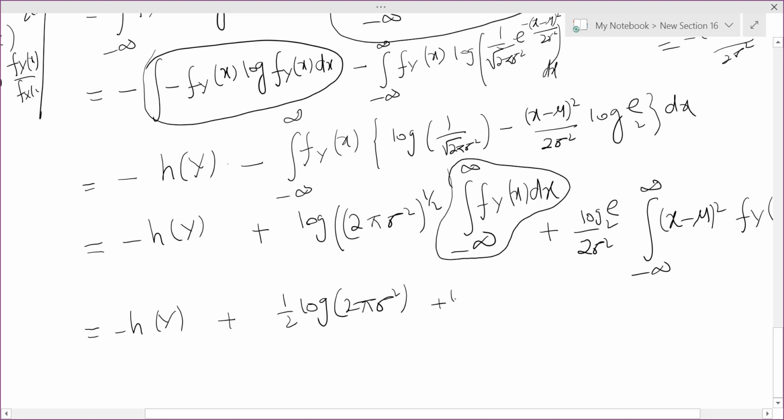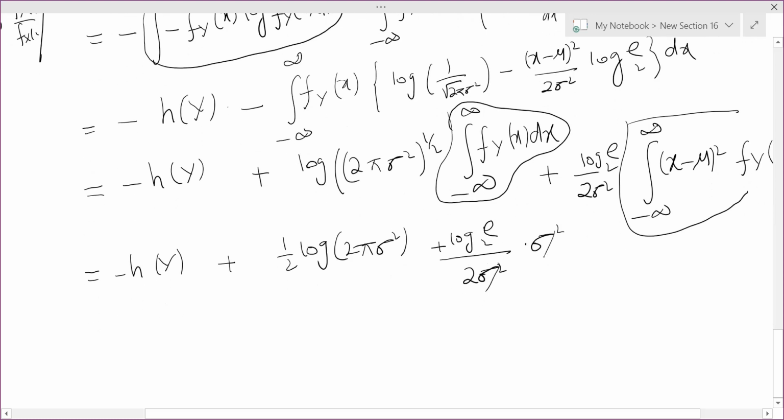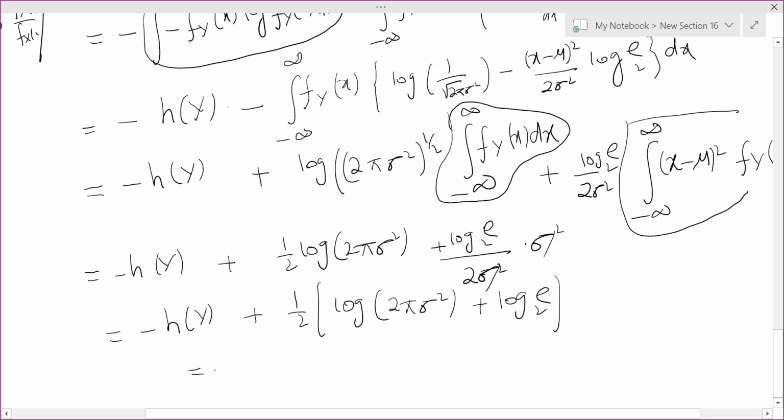Plus log e to the base 2 divided by 2 sigma square, and this is clearly the variance, that is sigma square, because both will have the same variance. So it is minus h of y plus half log of 2 pi sigma square plus half log e, which is minus h of y plus half log of 2 pi e sigma square.